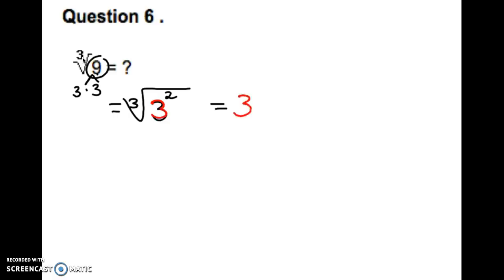And then our index becomes the bottom part of our exponent. And the power becomes the top part of our exponent. So we broke the radicand down as much as we could, 3 squared, and then we wrote our power as a fraction.